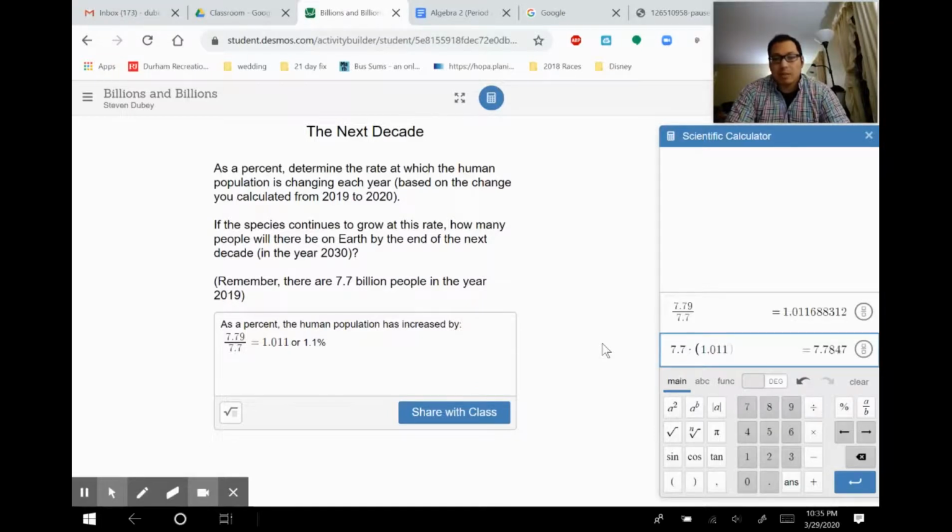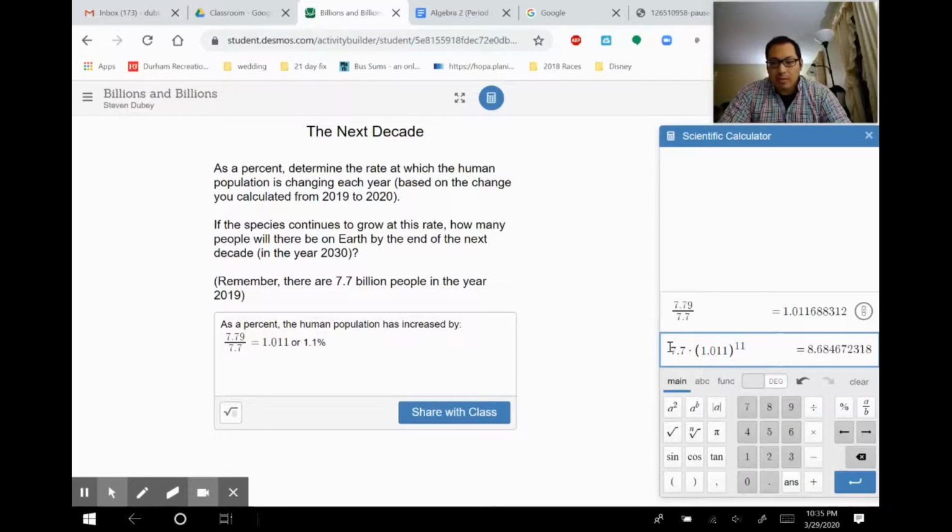So we multiply by this rate, this fraction here, and that's every year. If we do this between 2019 and 2030, it's about 11 years, so we do this 11 times, raised to the power of 11.